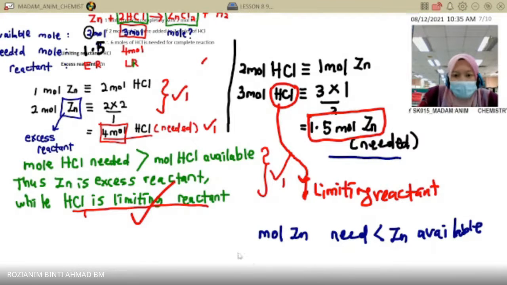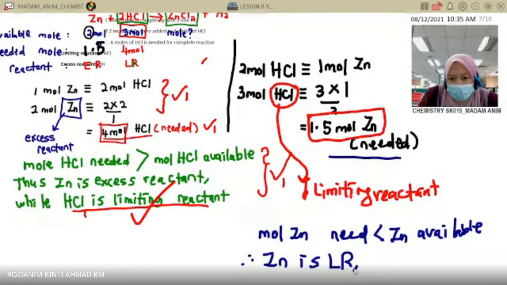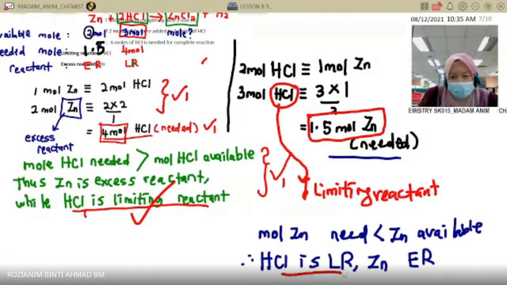Therefore, zinc is limiting reactant. Okay, salah. Kita guna hydrochloric kan? So, maksudnya hydrochloric acid is limiting reactant, and then zinc is excess reactant. So, conclusion ni tetap sama. Hydrochloric acid limiting reactant, zinc is the excess reactant.